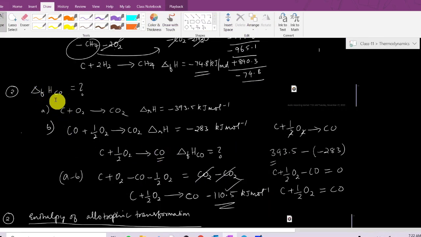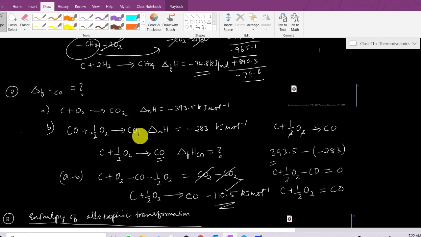Calculate the enthalpy of formation of carbon monoxide, CO, from these two equations. So you have been given C plus O2 gives CO2, and CO plus half O2 gives CO2. So you have these two equations.